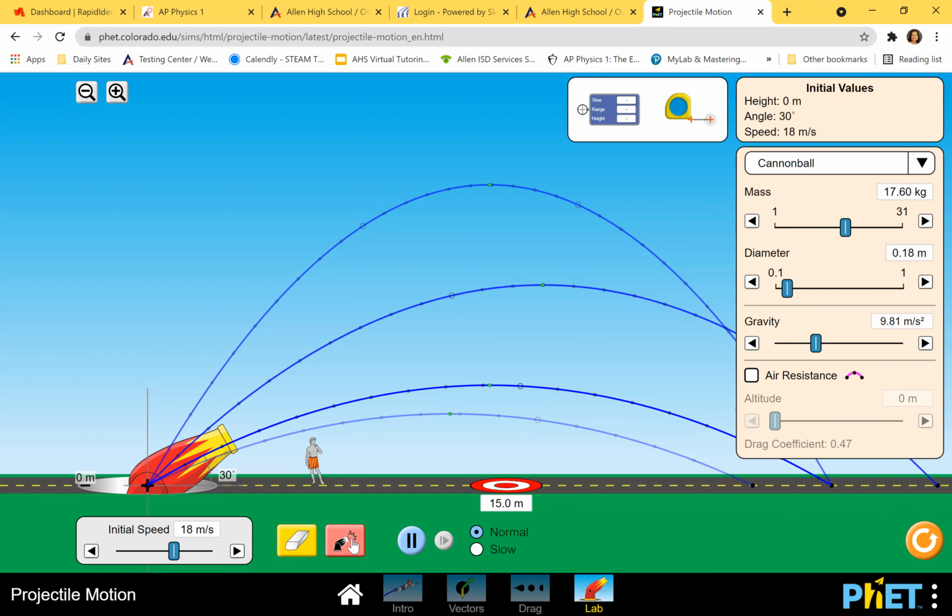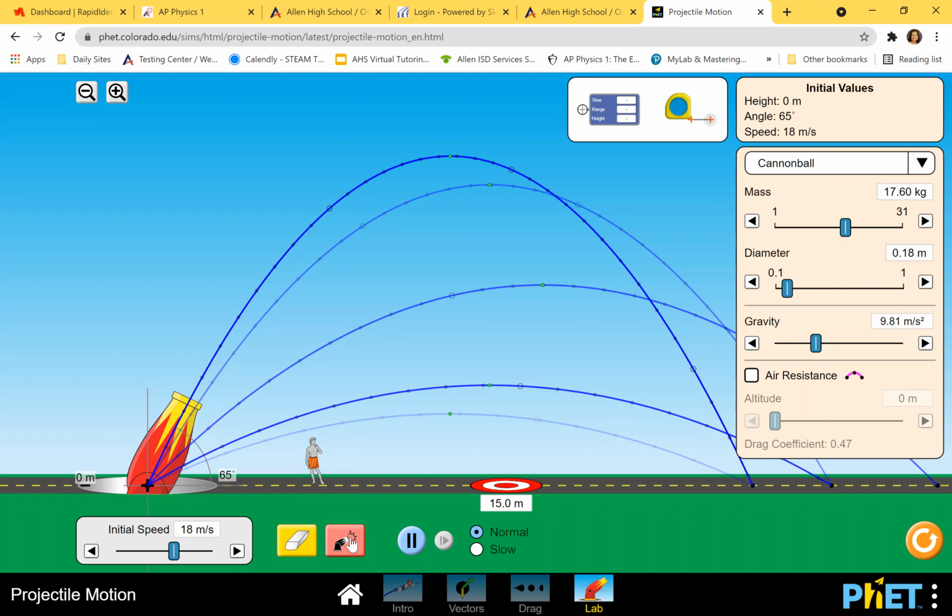Complementary angles. Well, let's test this with 25. I started with 25 degrees. What's the complementary angle to 25? 65. So let's go to 65. Oh, there we go. Fire in the hole, testing our complementary angle.